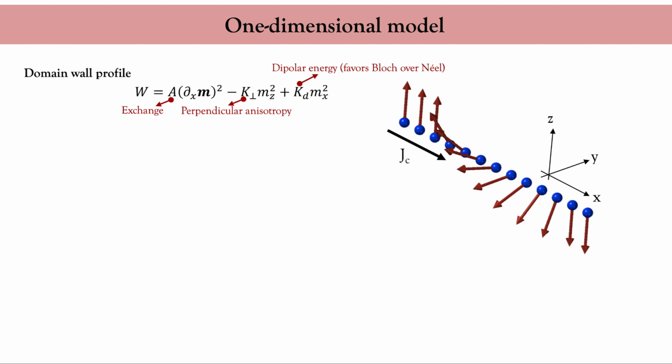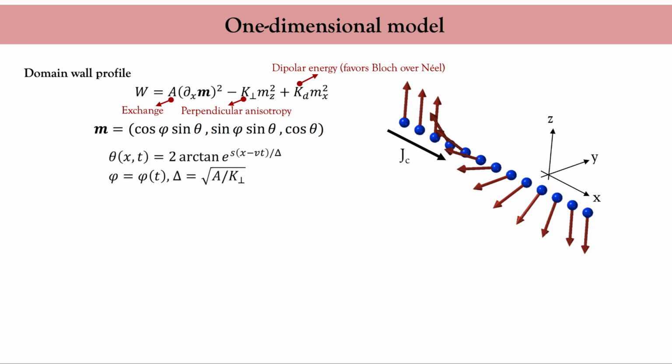I inject the magnetization vector in spherical coordinates and I obtain this expression for the polar angle. Here I have the chirality of the wall, its velocity, and the domain wall width that I consider as a constant. The azimuthal angle that tells you whether the wall is Bloch or Néel is also a time-dependent variable.